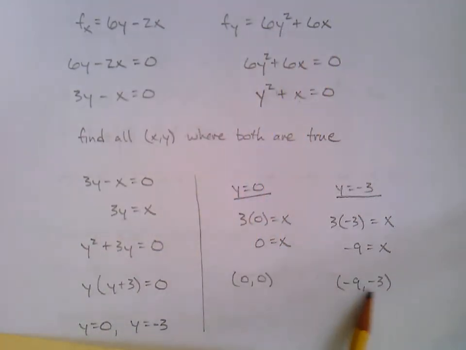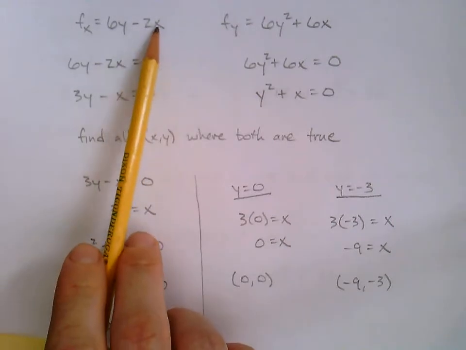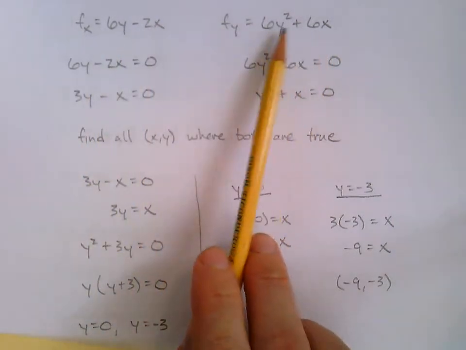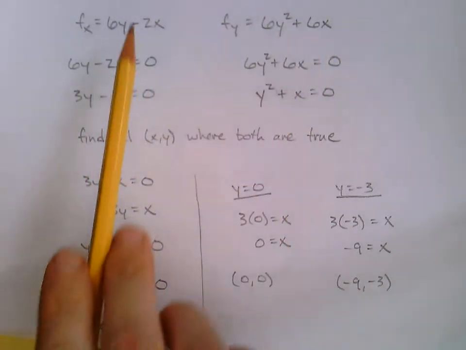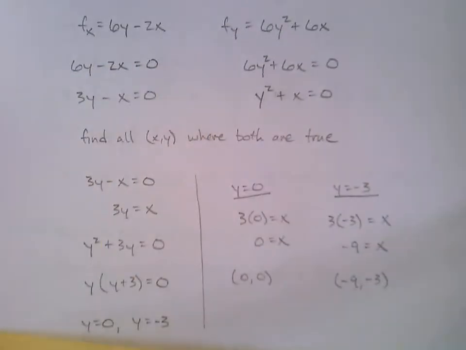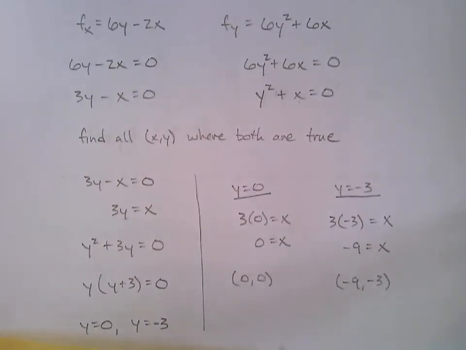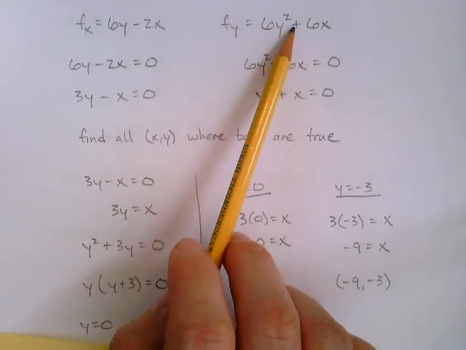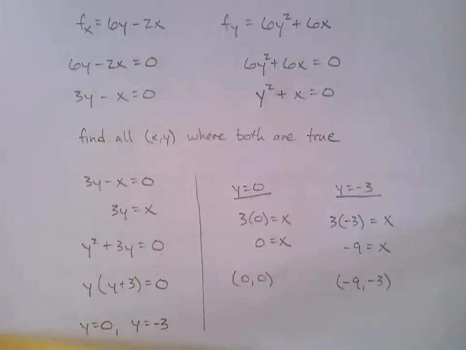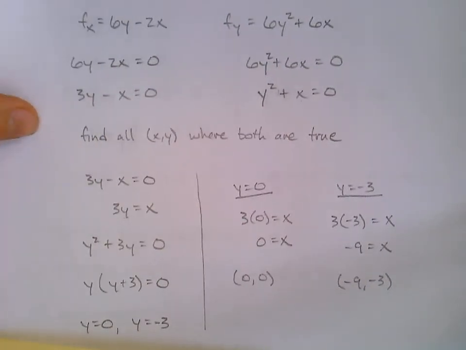And if I took these numbers for x and y and put them back in, both of these would be 0 as well. I won't crunch the numbers for you, but the (0, 0) is pretty clear, and if we plugged x equals negative 9 and y equals negative 3 into each of these, we'd get zeros for both of them as well. Not a bad idea to check before you go any further.